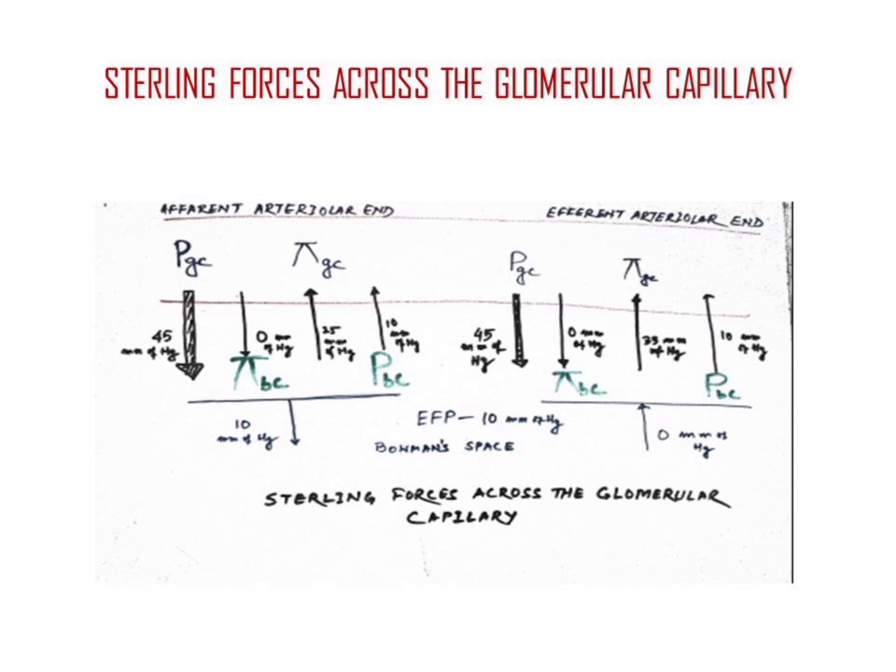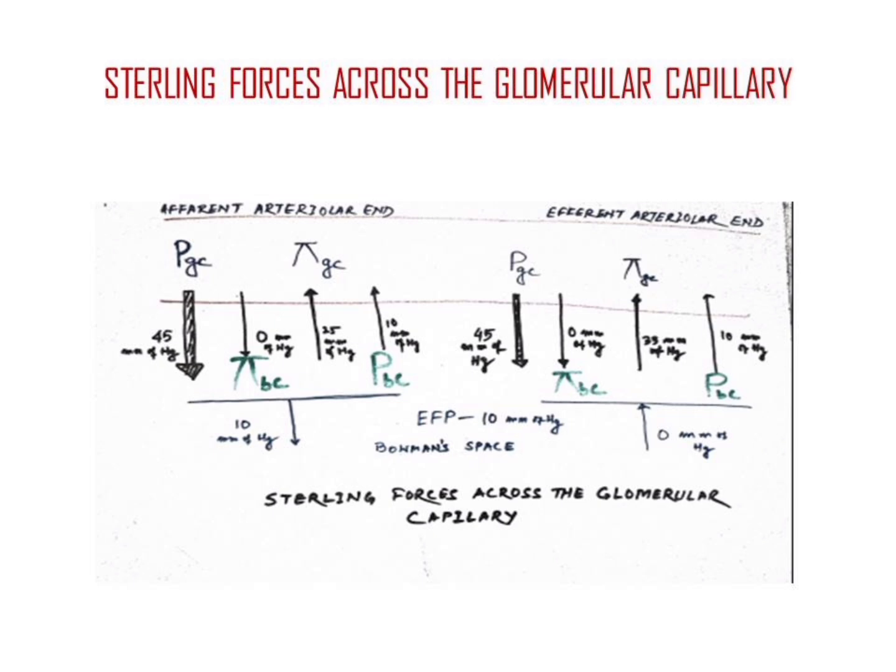At the efferent arteriolar end, hydrostatic pressure of the glomerular capillary is 45 mm of mercury. As I have said earlier, there is no significant drop in the hydrostatic pressure along the glomerular capillaries, and oncotic pressure of the Bowman's capsule is again 0.